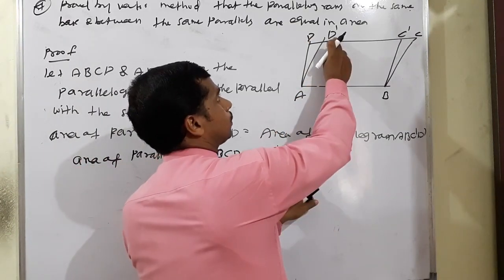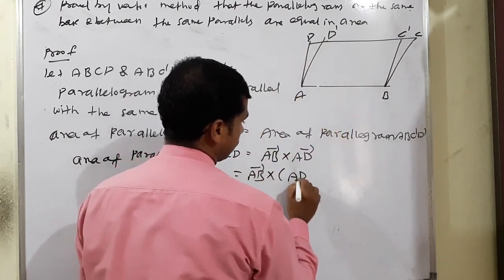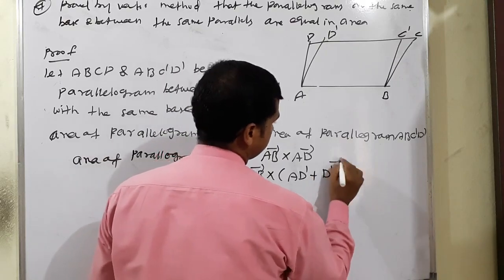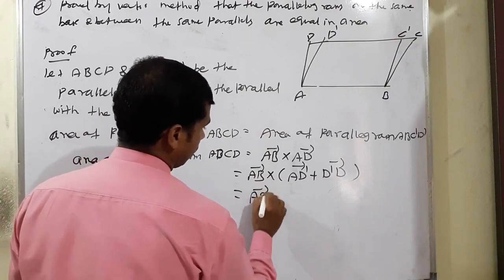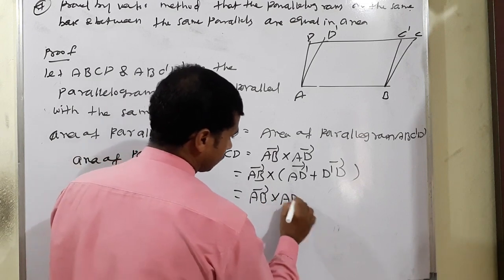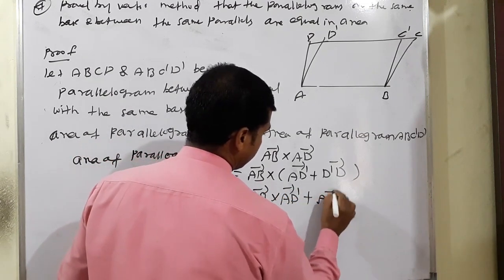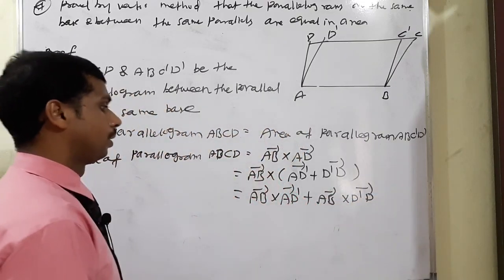It is AD dash plus D dash D. So AB vector cross AD dash plus D dash D vector. Each term into the cross means AB vector cross AD dash vector plus AB vector cross D dash D vector.